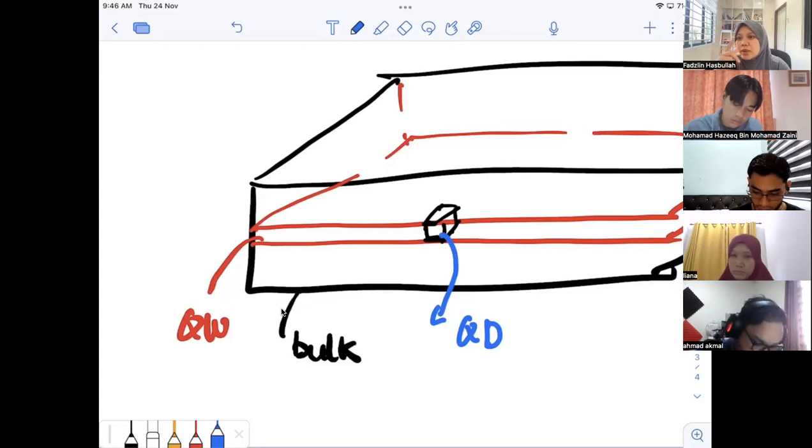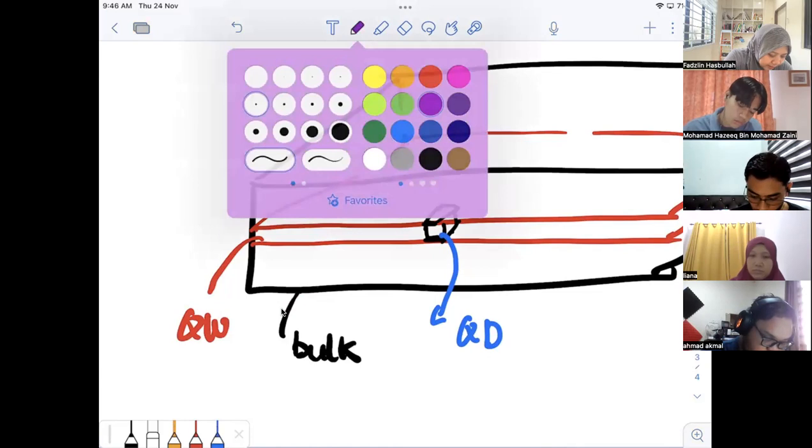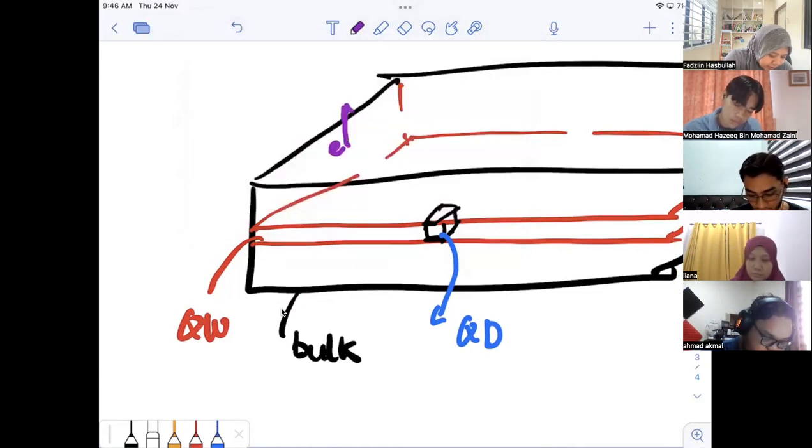So quantum dot tu, it's like we confine electron tu. Sebelum ni elektron ni boleh jalan semua arah. Yang ni elektron boleh jalan arah ni dengan arah ni.